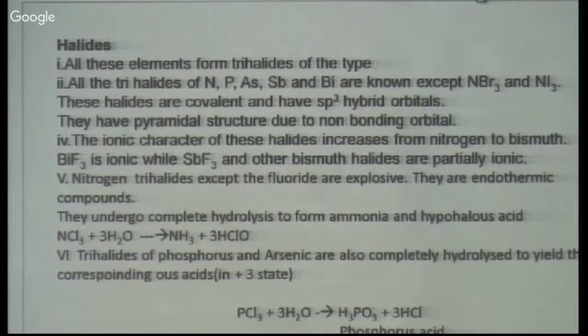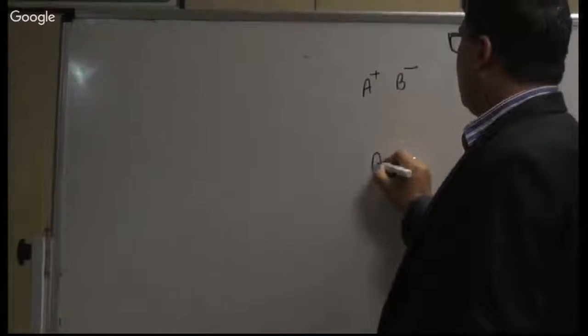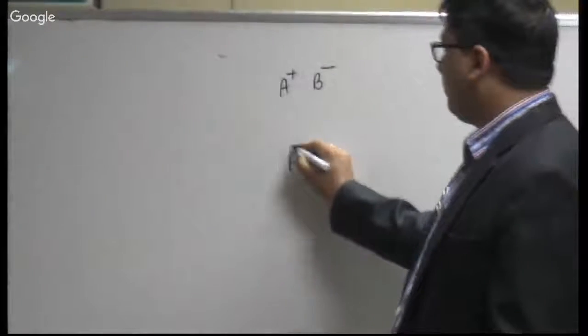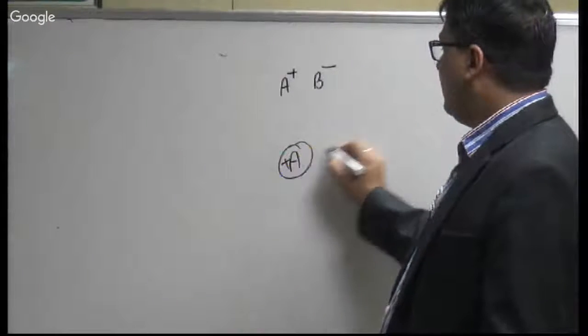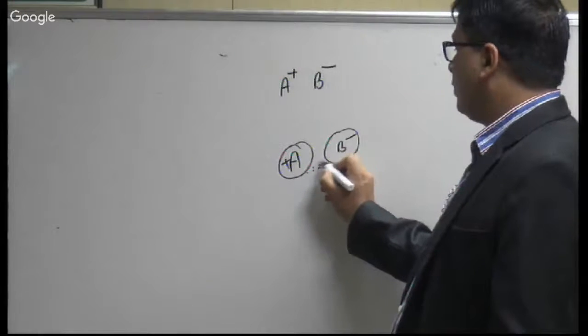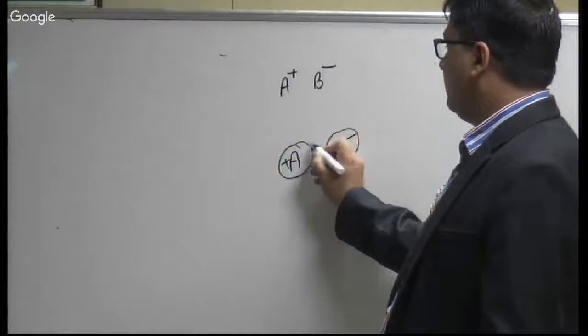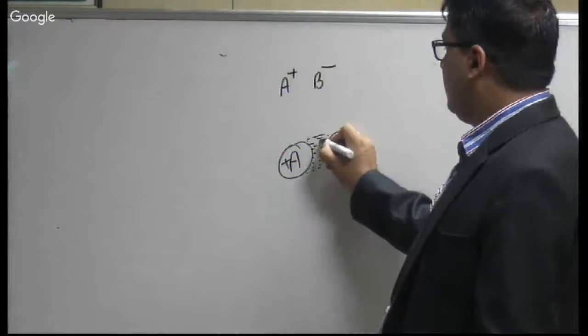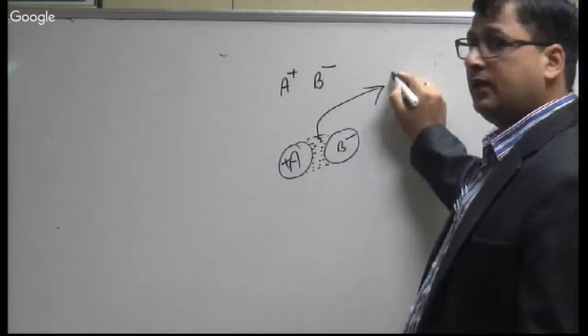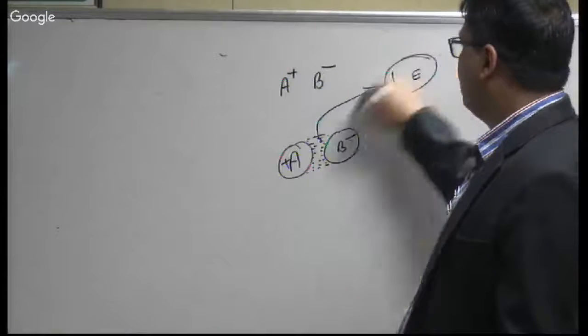See, let's say this is the atom A plus and B minus. So this is a positive charge, this is a negative charge. So a positive cation and a negative anion, there is a force of attraction, which is known as ionic bond, and the energy which is released is known as lattice energy.